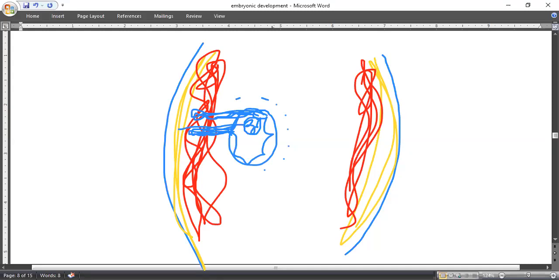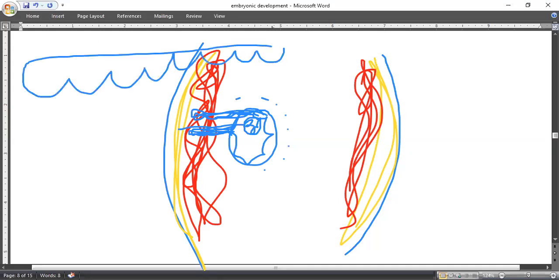At that time, you can see the trophoblast has two types of layers. The one penetrating inside is called syncytial trophoblast, and the remaining one, with cell membranes in between, we call cytotrophoblast. The syncytial trophoblast is entering inside.